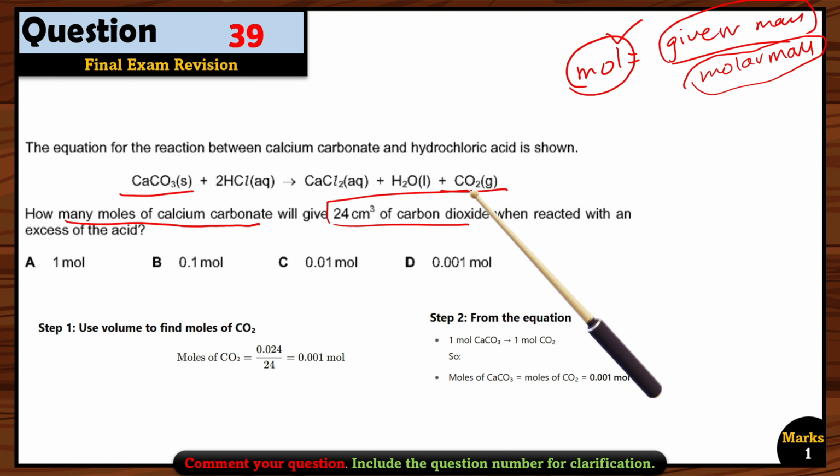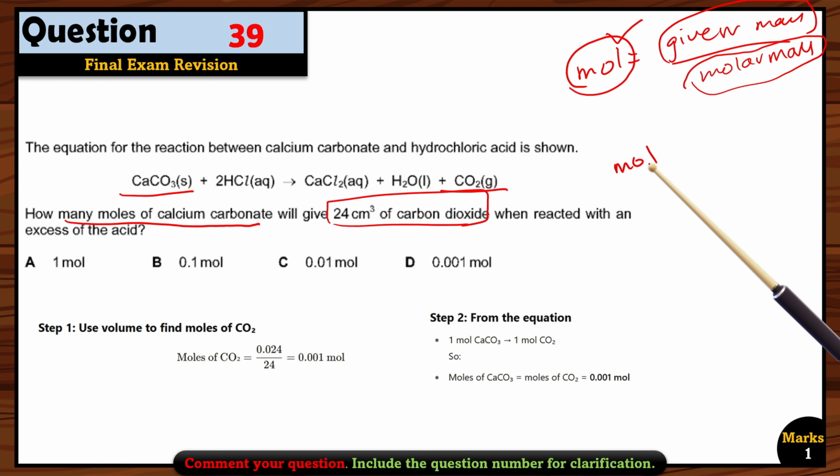First, we can look at the information that is given, that is 24 centimeter cube of carbon dioxide is produced. How many moles of carbon dioxide is produced? For gases, we need to know that moles is equal to volume divided by 24 dm cube, right?